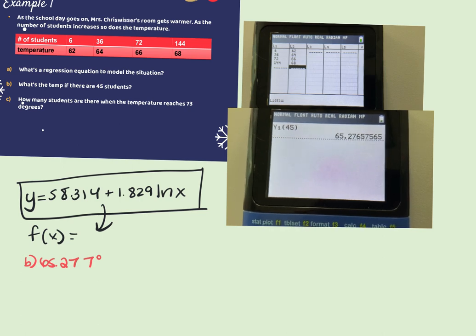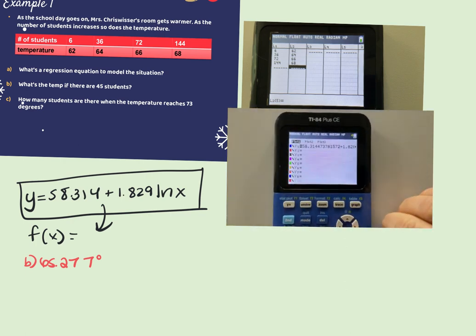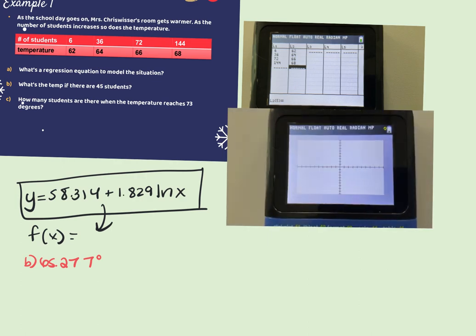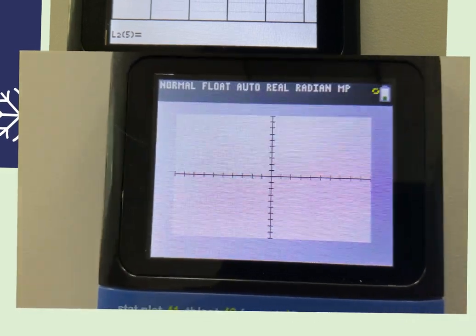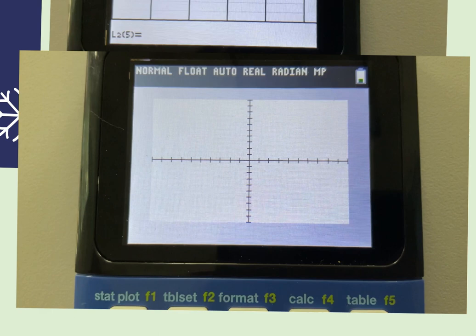And then C says, how many students are there when the temperature reaches 73 degrees? How do I find that? Good. So I'm going to do Y, I'm going to add 73 here, and I'm going to graph it. I don't see it. Why?